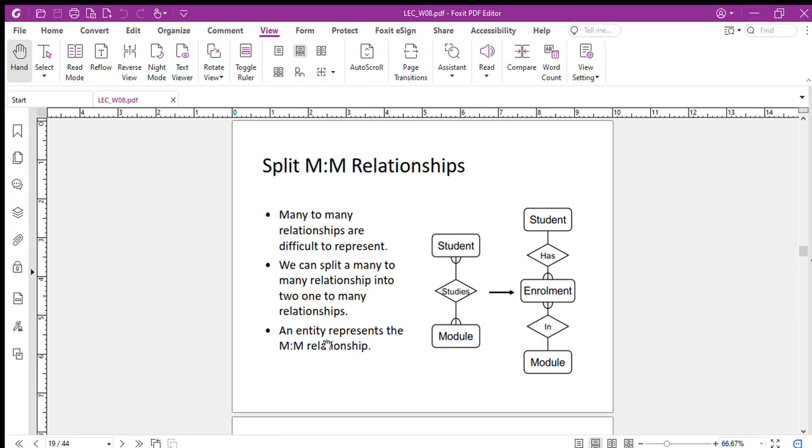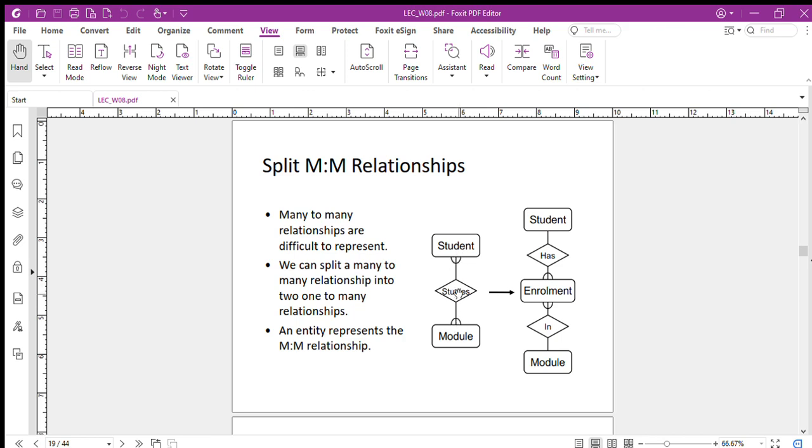Now, one thing that we must remember is that many-to-many relationships, if they exist in your ERD, must be broken down into one-to-many relations. How? Previously we had seen student is linked with module, and both have a many-to-many relationship. Many students are enrolled in a module, and a module is taken by many students.